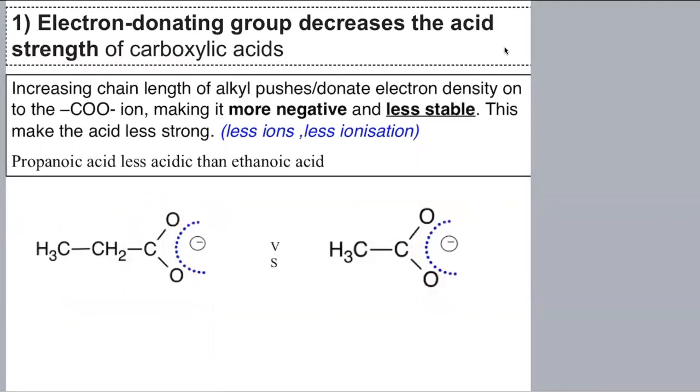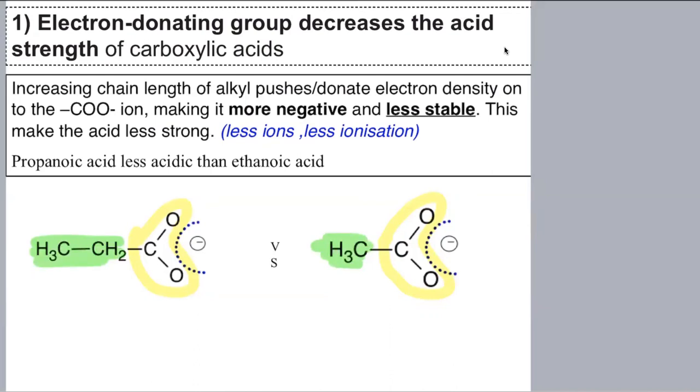So we're not looking at the COO minus part of the molecule, since both of them have that same delocalized system. We want to focus on the substituent, whatever is attached to it.